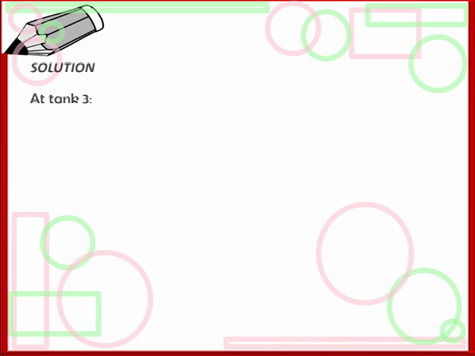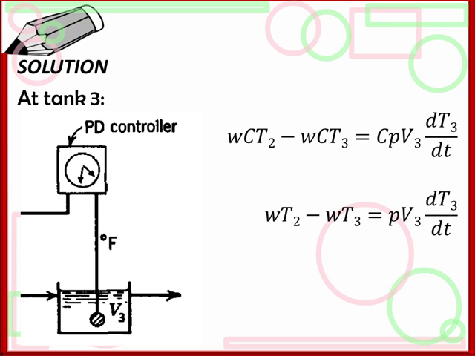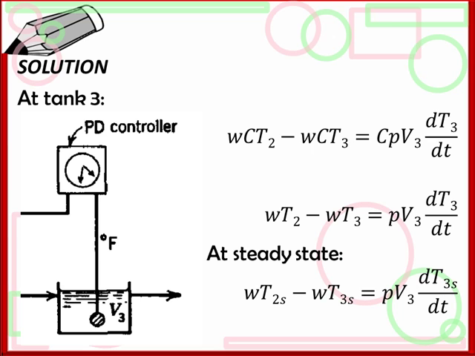Tank 3 will be next, letting T2 be the temperature input in tank 3 and T3 the temperature leaving it. Establishing the energy balance, we get this, which can be reduced into this. At steady state, the expression will be as shown.